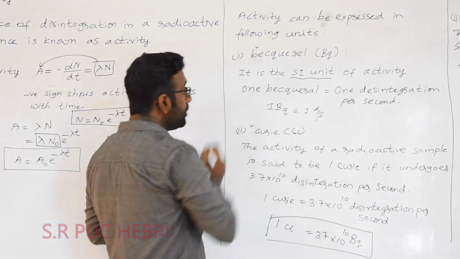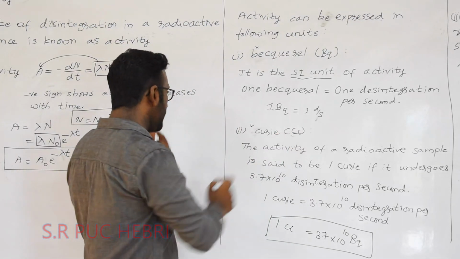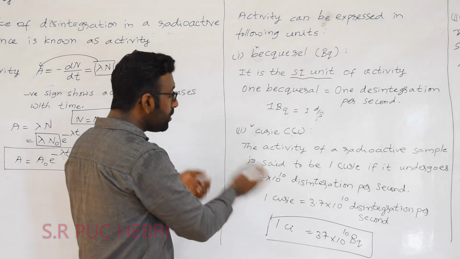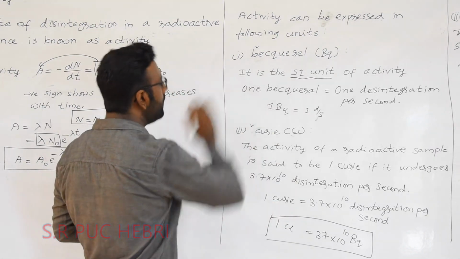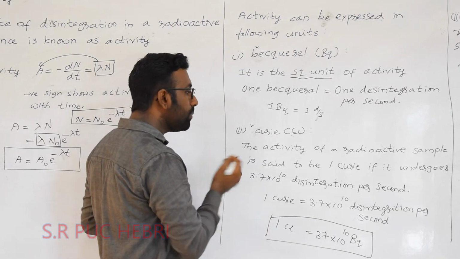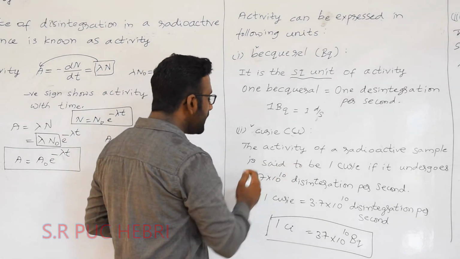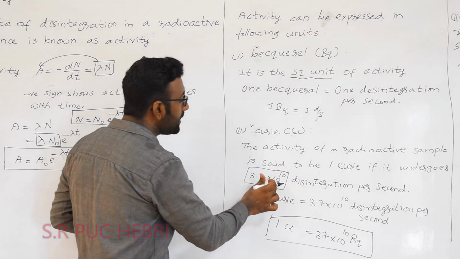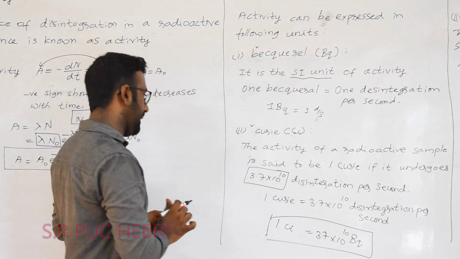Now, what about Curie? It is the next unit. It is not the SI unit of activity, but you can express Curie in terms of Becquerel. The activity of a radioactive substance is said to be 1 Curie if it undergoes 3.7 into 10 to the power 10 disintegrations per second.